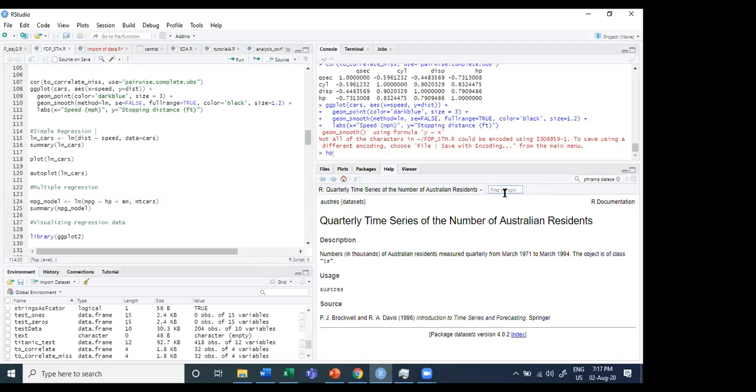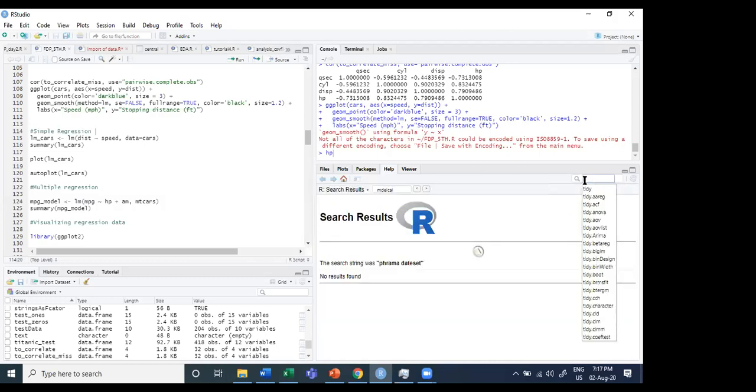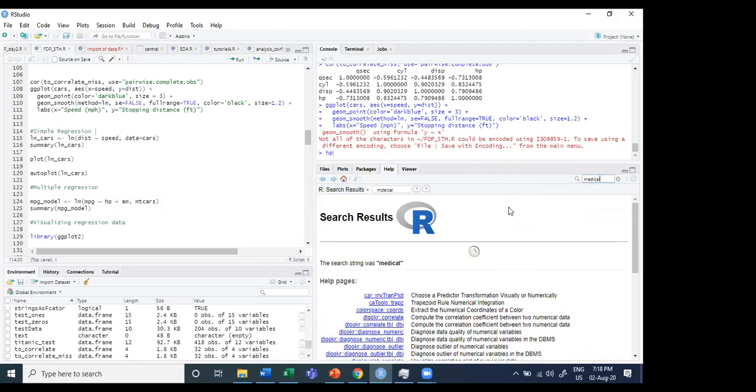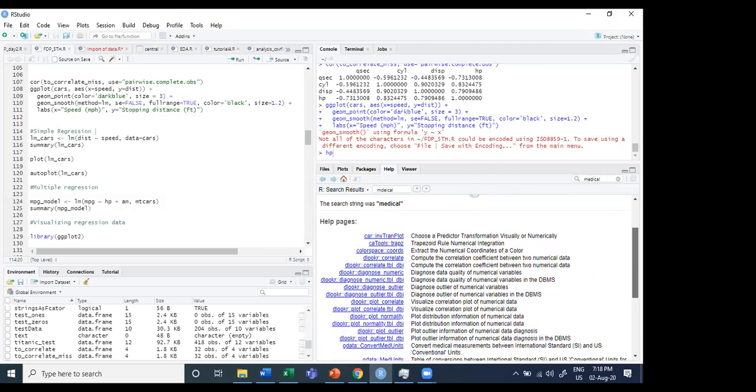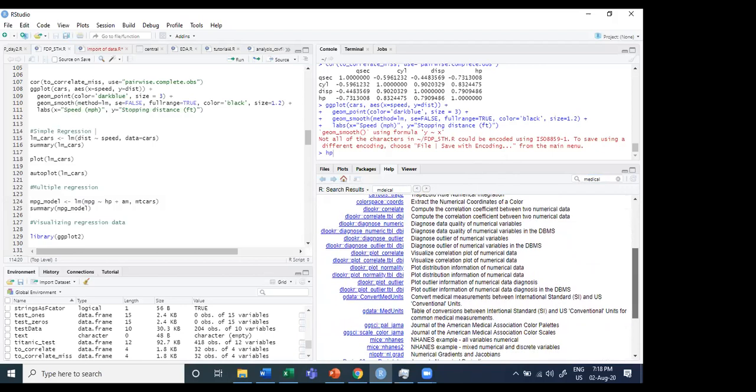Medical, let's see the medical. You will have certain results. Pharma, you will not find it. So medical. There are a number of data sets related to medical. You can just pick and choose according to your own requirement.